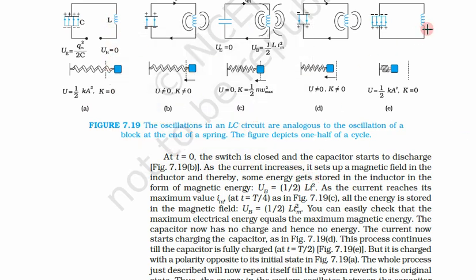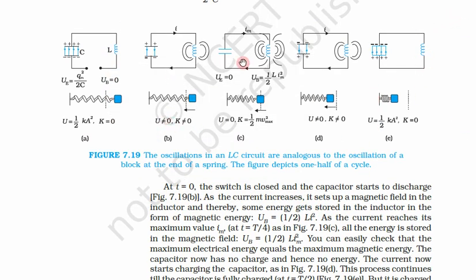Now after some time, when all the charge has been dissipated, the current has become maximum. This inductor is now producing maximum magnetic field because of the maximum current flowing within it. Since there is no charge, the electrical energy on this capacitor becomes 0 and the magnetic energy becomes maximum.